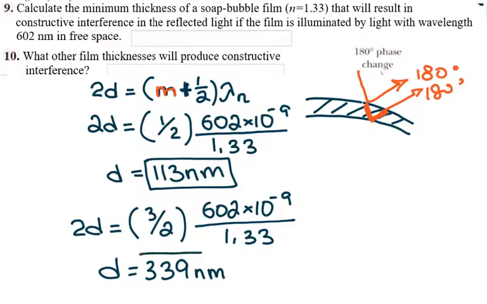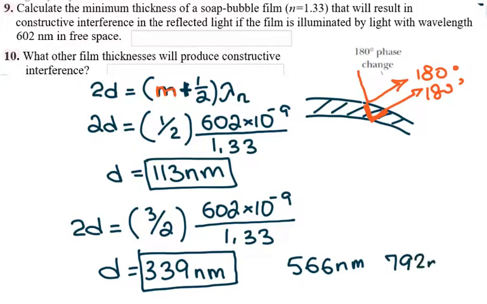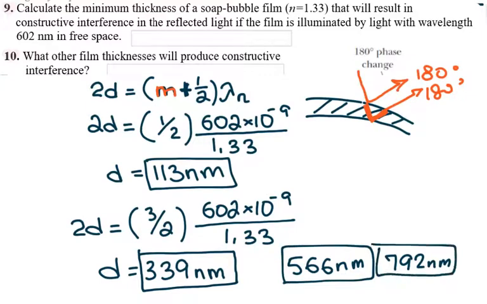And then the next one is going to be 2 plus 1.5. So it's going to be 5 times bigger, 7 times bigger, and so on. So the numbers would be 566 nanometers, and then 792 nanometers, and so on. So that would be the answer for number 10.